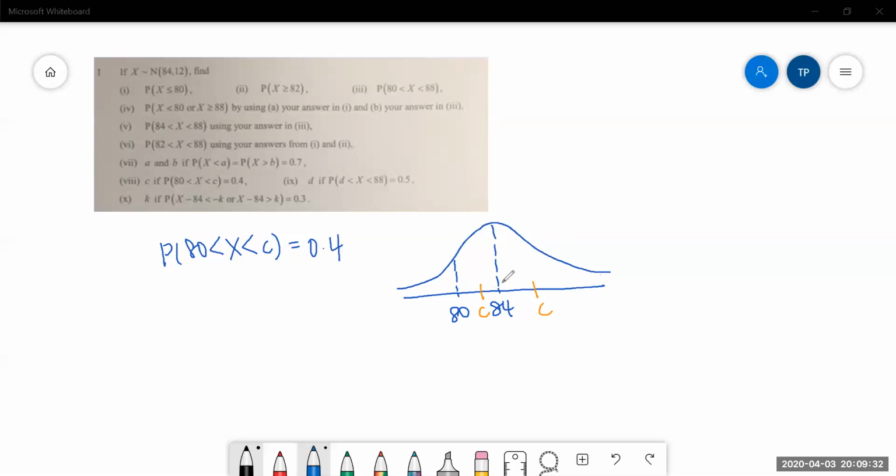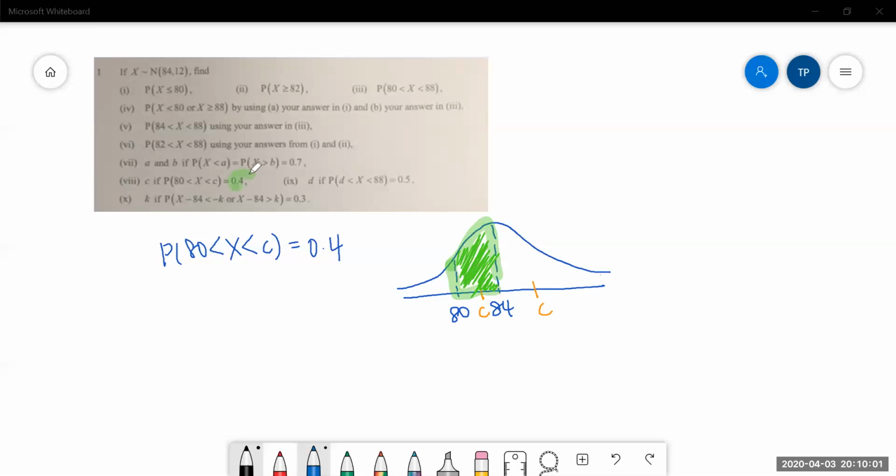So the best way to gauge is to find out what this probability is, which we have found out earlier. Because by finding out this probability, we will be able to know how big this C is.